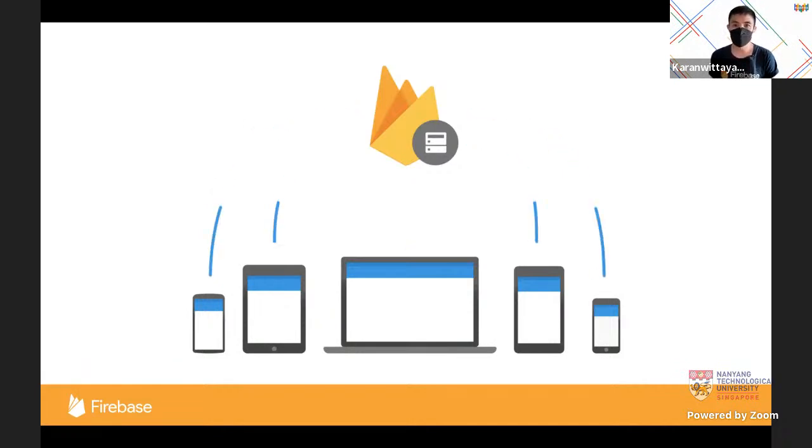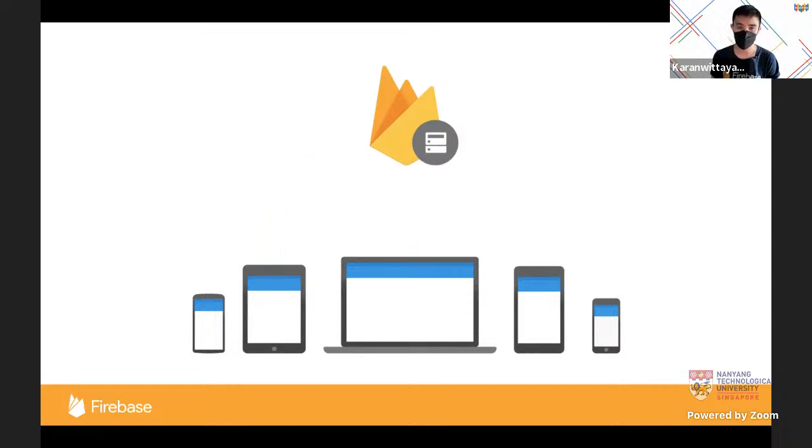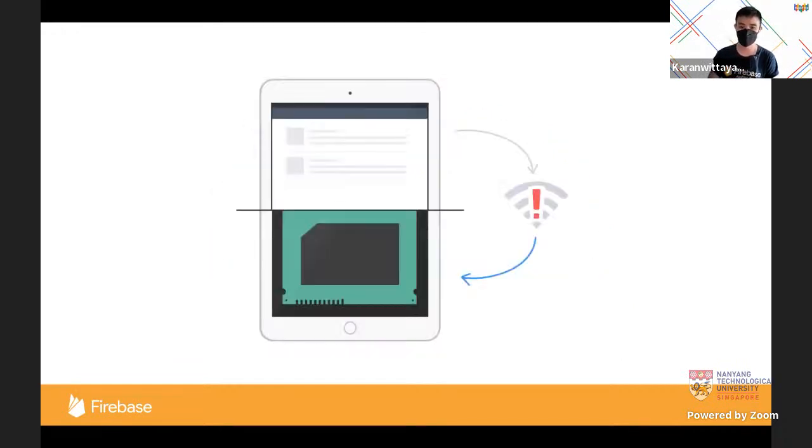And when the Realtime Database gets the new data, and many client devices, like web or mobile, are subscribed or listening to the Realtime Database at a specific path, when the data changes in that path, the Realtime Database will publish the new data to the client side automatically. You don't need to write a program to ask for new data every 3 minutes or every 5 minutes, no need.